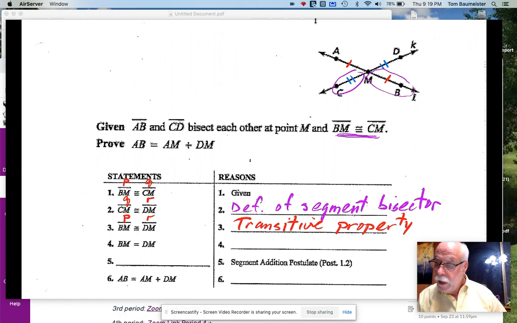All right. So now we know that the segments are congruent. So if segments are congruent, then we know that their measures are equal.